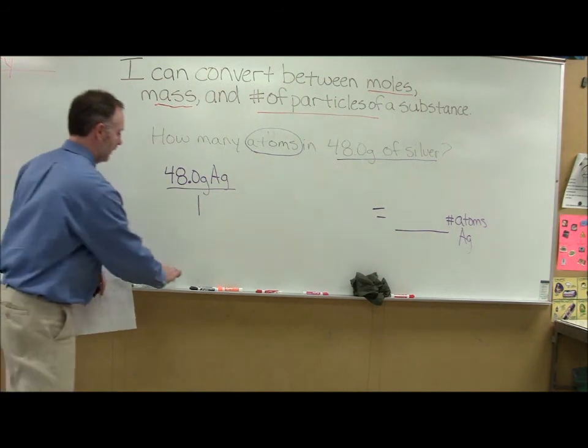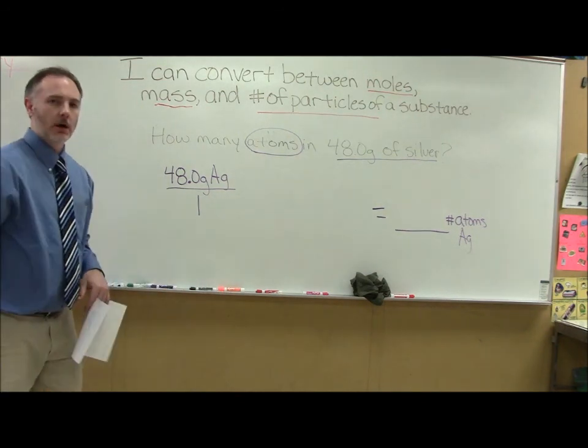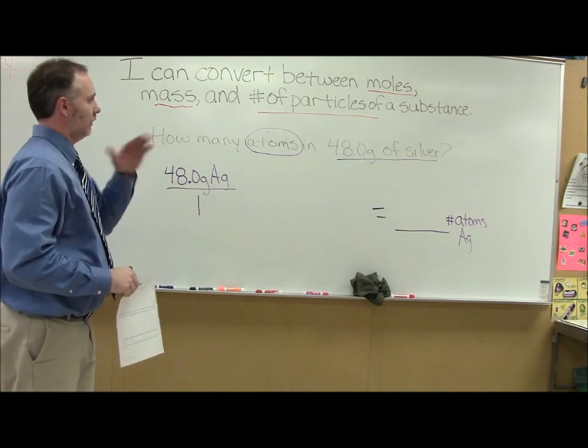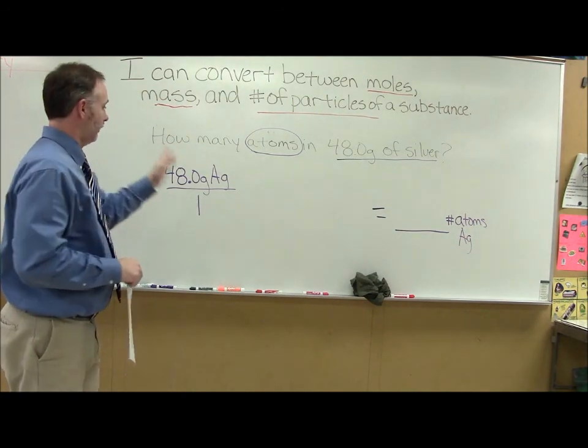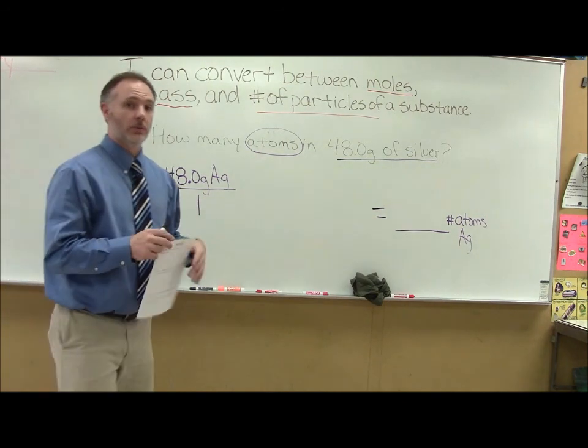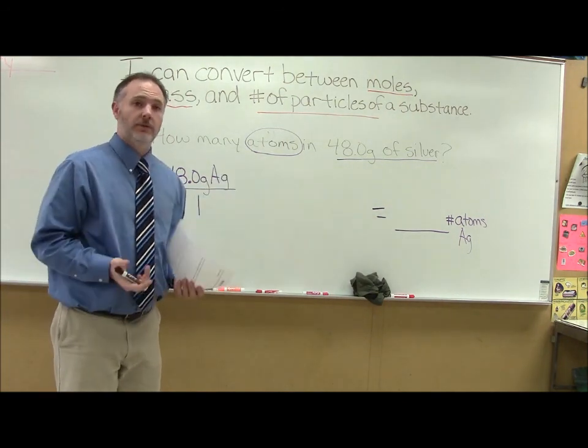So let's write down our conversion factors that we need. Now here's the thing. We need to use the mole to get from grams of silver to atoms of silver, because the mole is what helps us convert between these things.